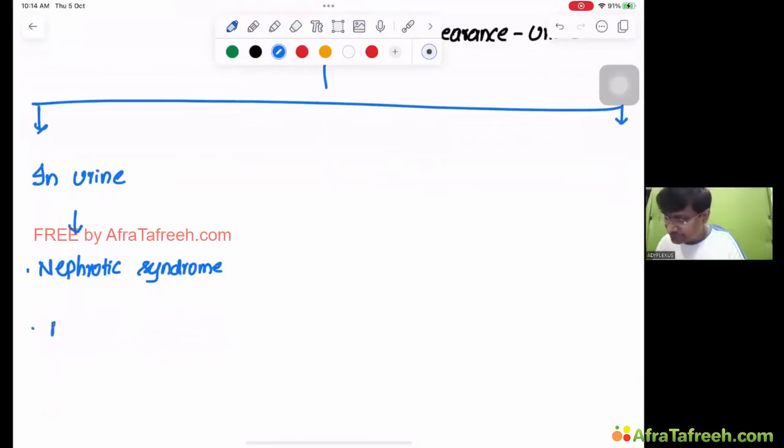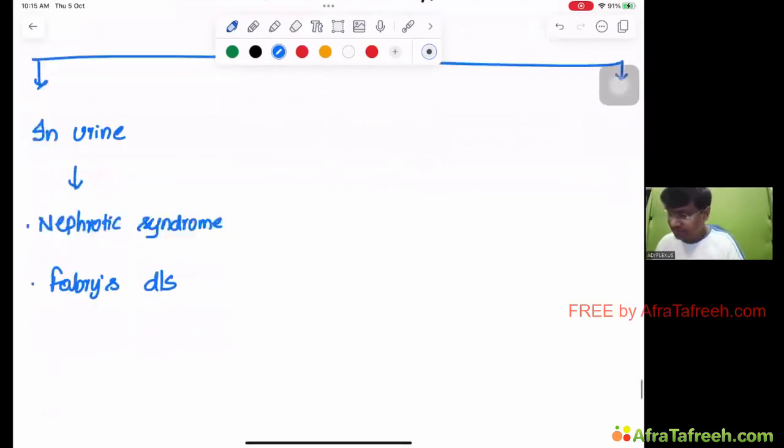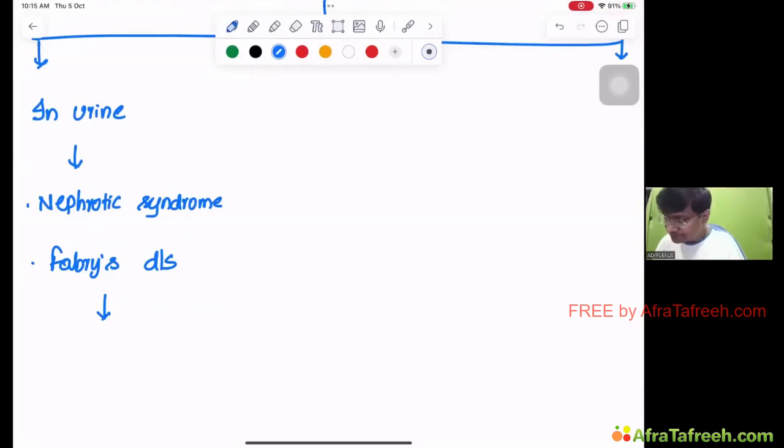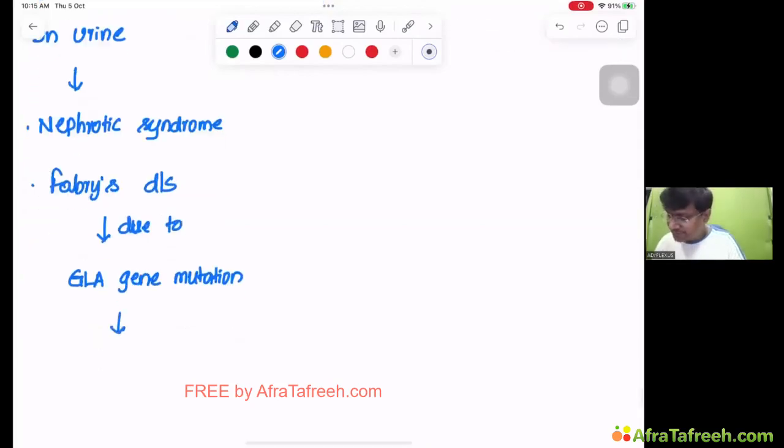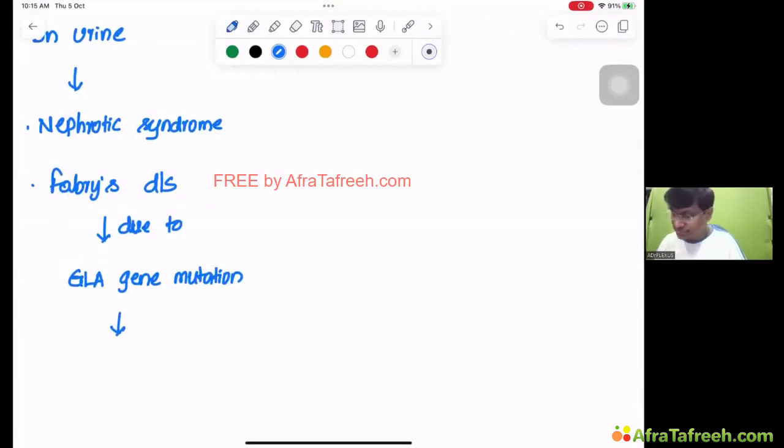In Fabry's disease, you can have the presence of Maltese cross. Fabry's disease is due to what? Right? This is due to GLA gene mutation. This GLA gene mutation in Fabry's will cause alpha galactosidase deficiency.